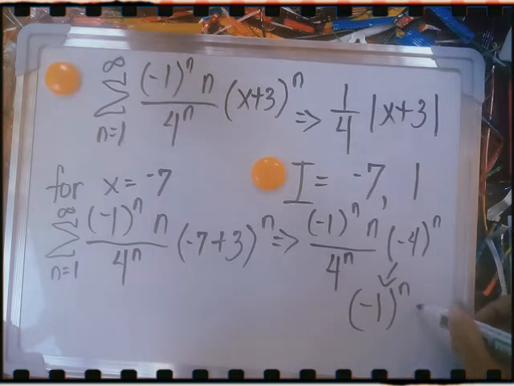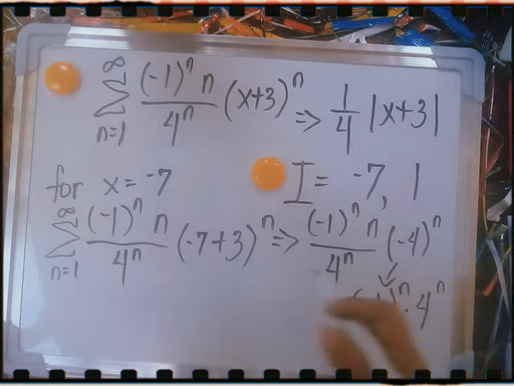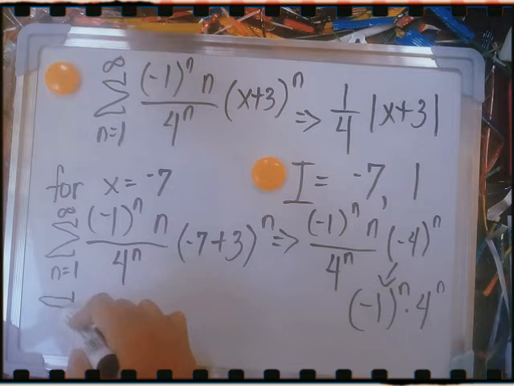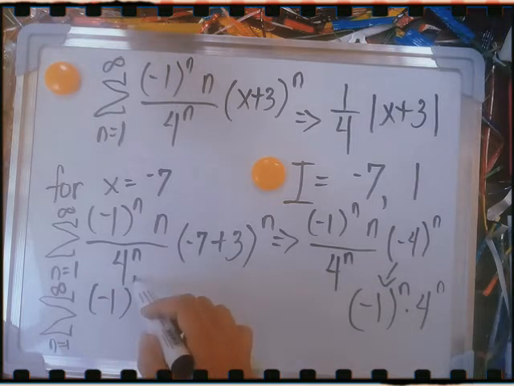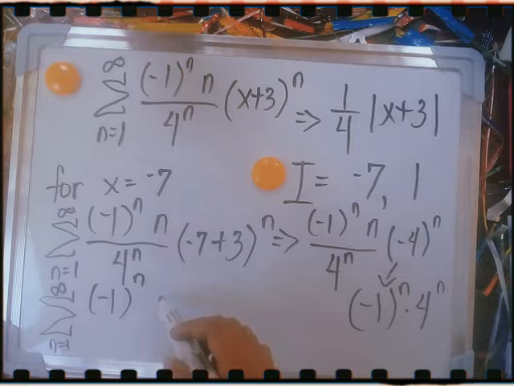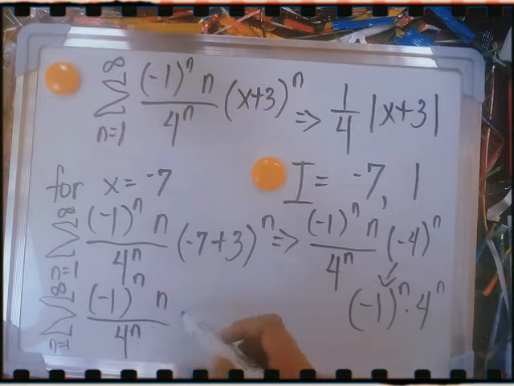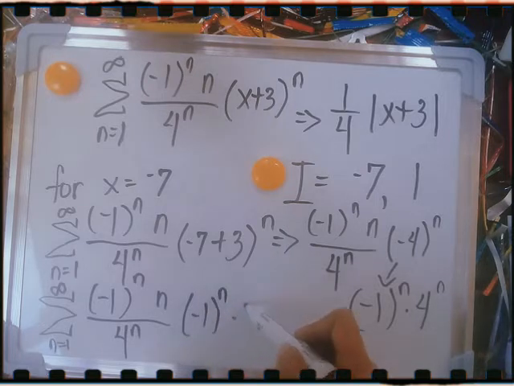And then 4 raised to n. So, makukuha nating series ay as n is equal to 1 to infinity, we got negative 1 raised to n times n over 4 raised to n times negative 1 raised to n times 4 raised to n.